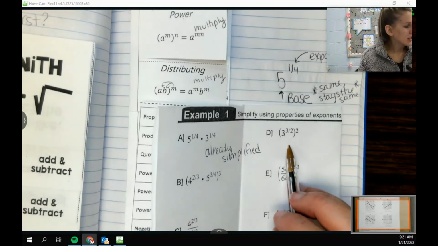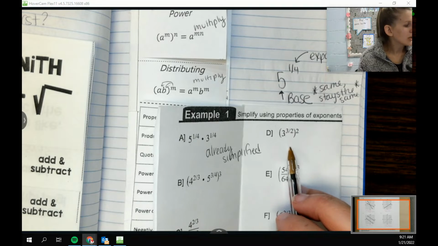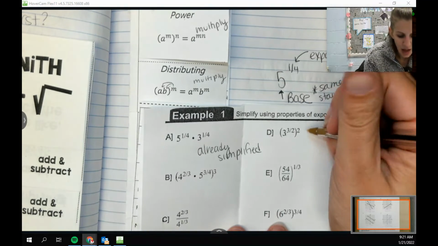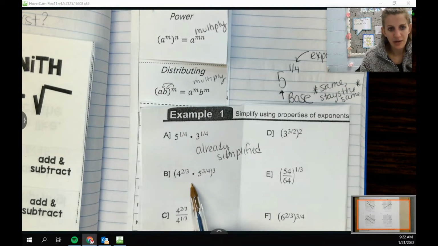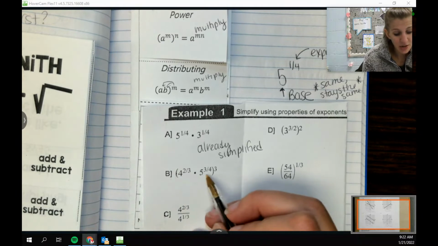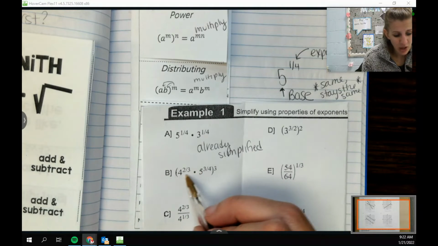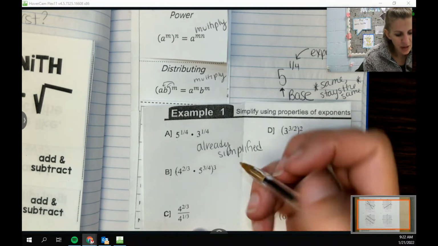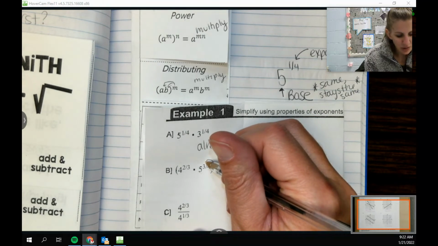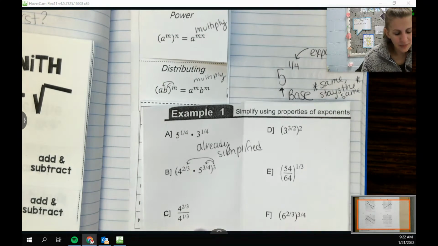But here I can do something. So let's try that. Oh, I kind of went in the wrong order. Let's go down here. Sorry. Here I can do something. I can't multiply these because they're not the same, but I can distribute because there's a 3 on the outside of the parentheses.